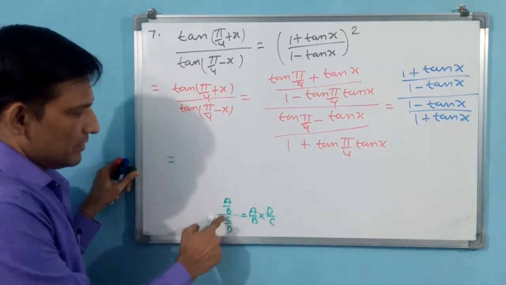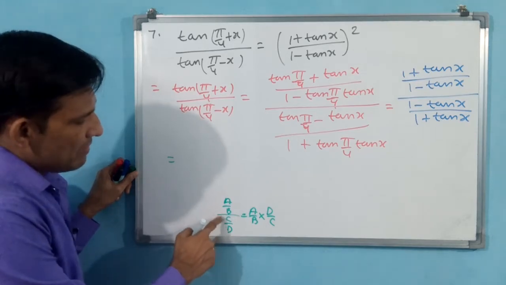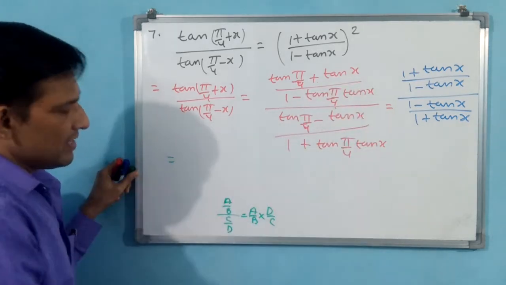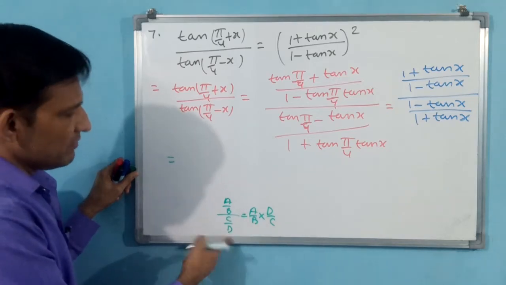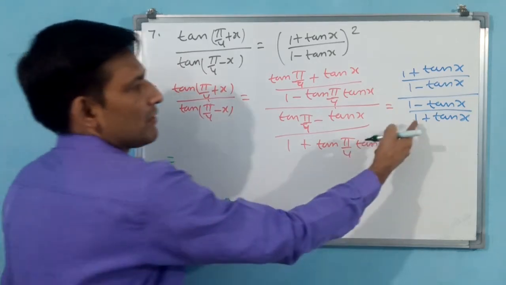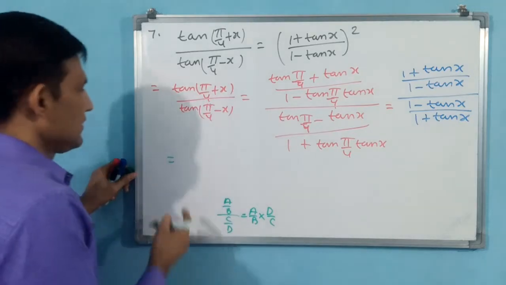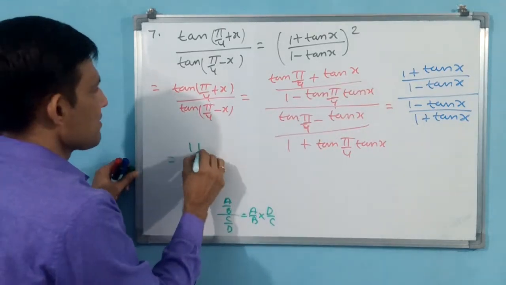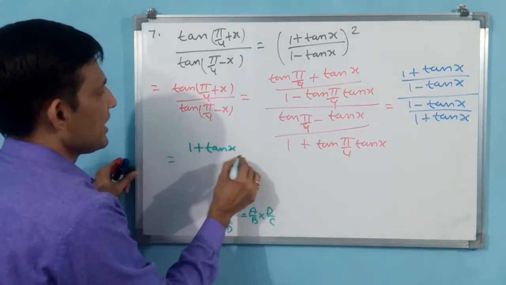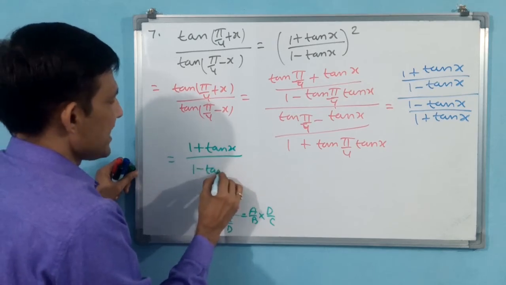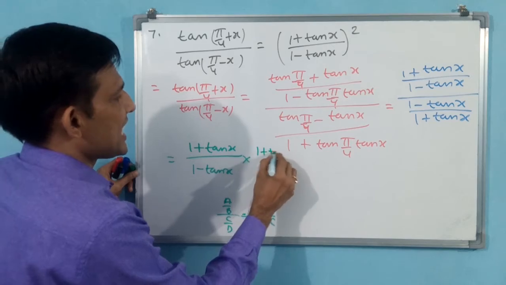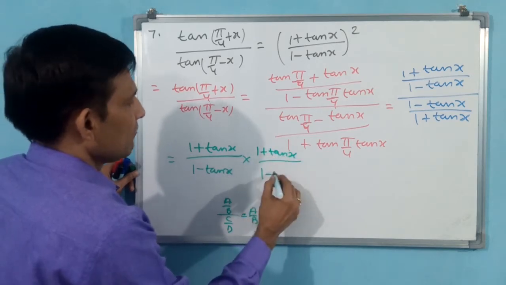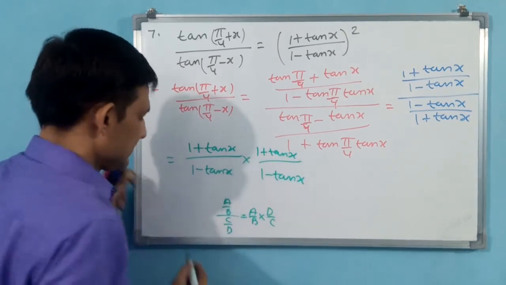This means d will go top and c will come bottom. 1 plus tan x will go top. Like this we will write: 1 plus tan x by 1 minus tan x into 1 plus tan x by 1 minus tan x.